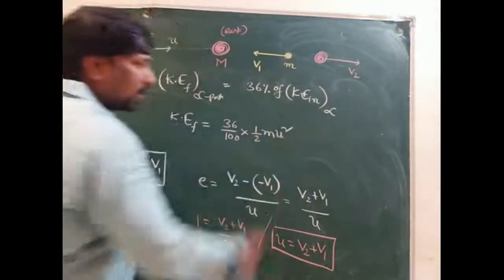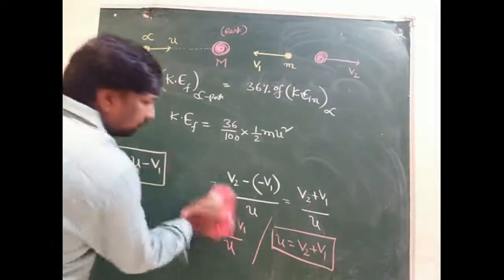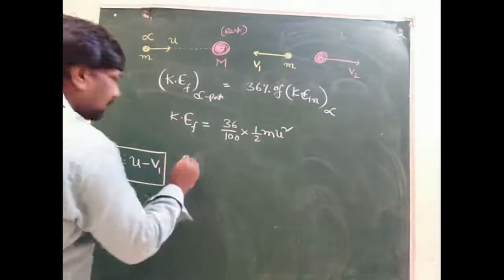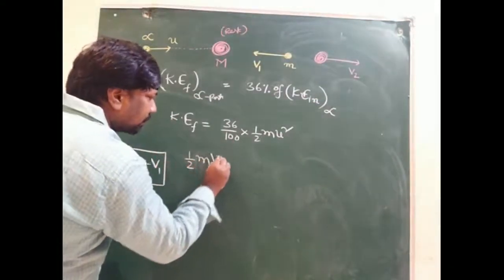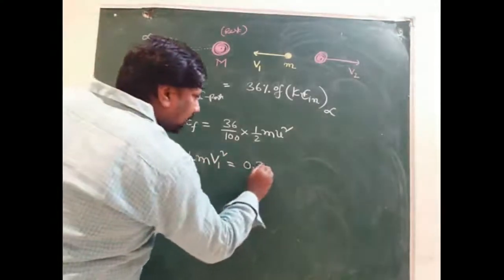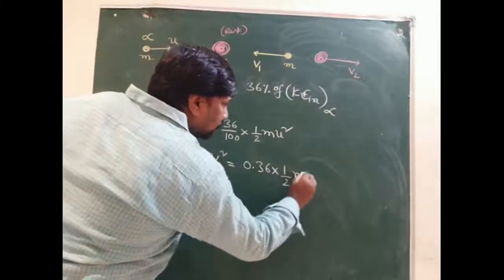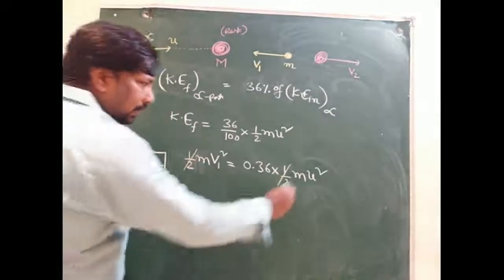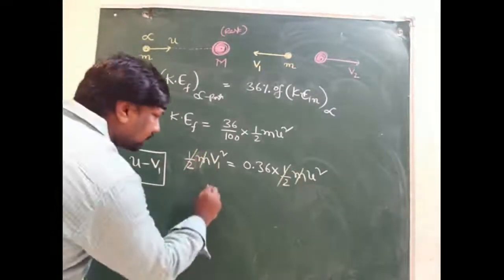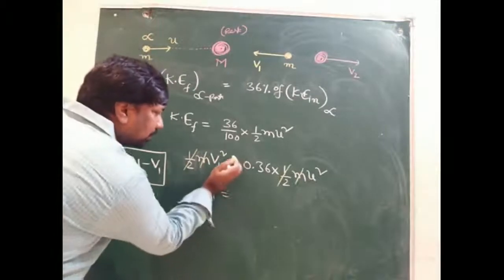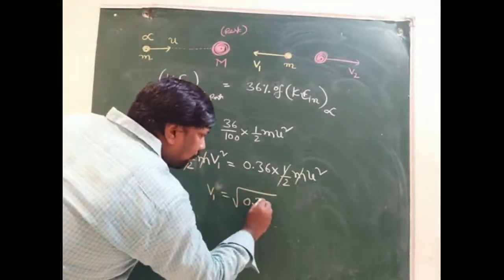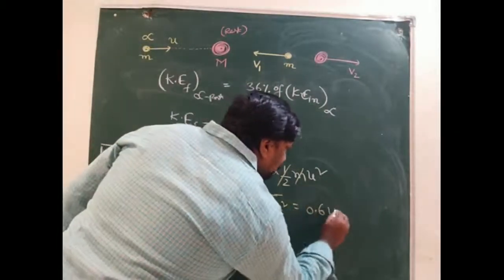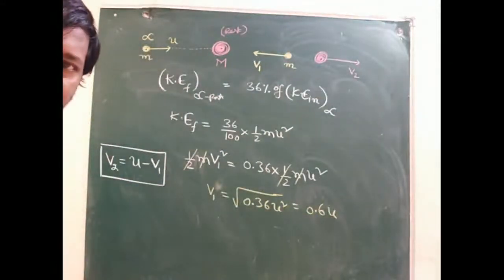Half m v1 square equals 0.36 into half m u square. Half and m cancel, so v1 equals root of 0.36 u square, that is 0.6 u. Here v1 equals 0.6 u.